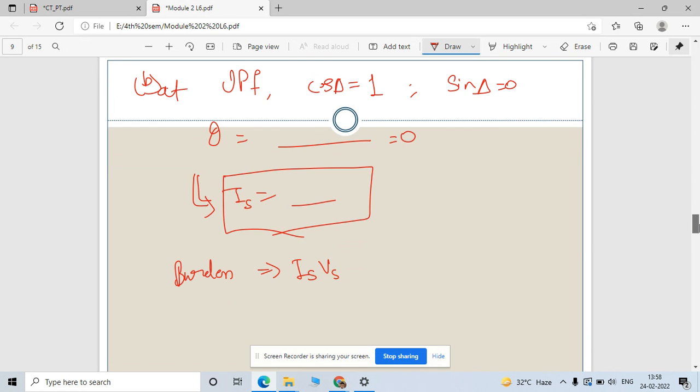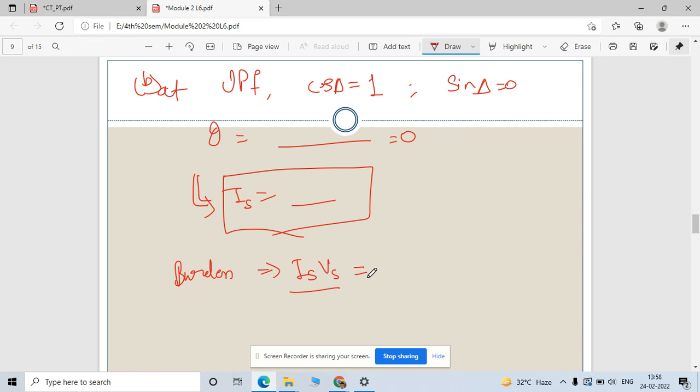So for your unity power factor, the angle is zero, right? So power loss is Vs into Is here. Put that value of Is which you are finding from this, and Vs is given to you, which is nothing but your secondary voltage, 100 volt.